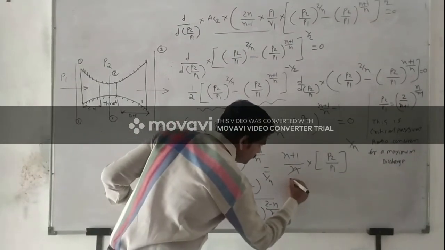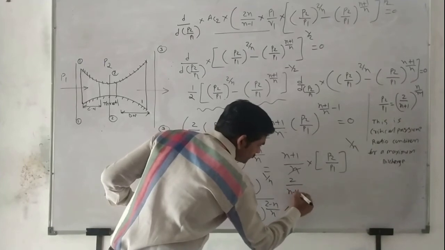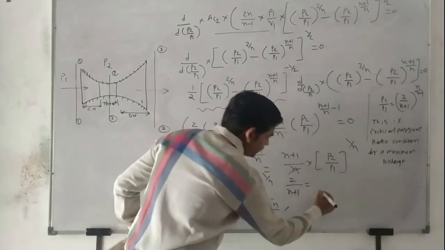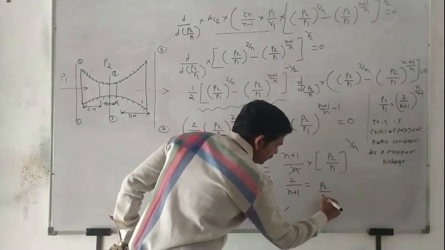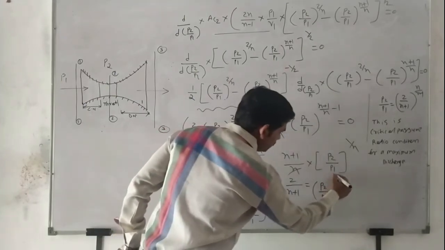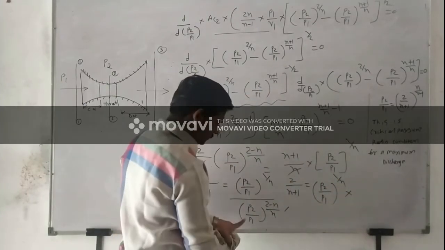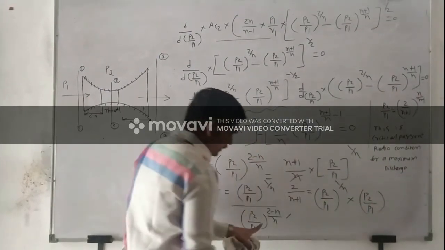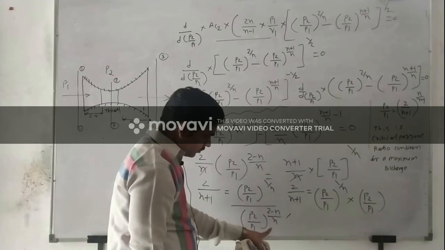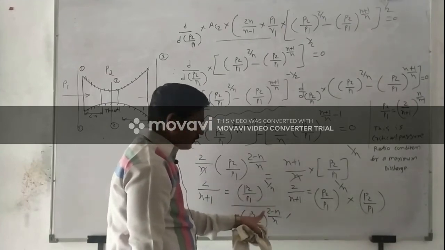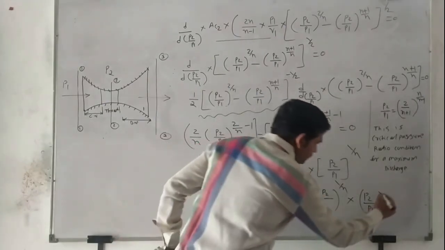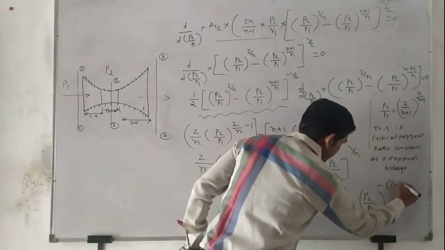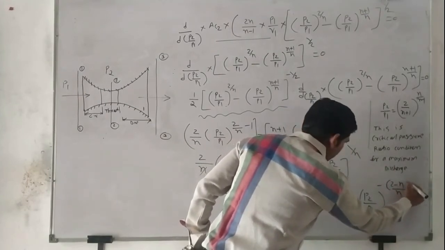So 2 upon n plus 1 is equal to P2 upon P1 to the power 1 upon n into P2 upon P1 numerator. Denominator shifted to numerator, the plus becomes minus, correct? So minus 2 minus n upon n.